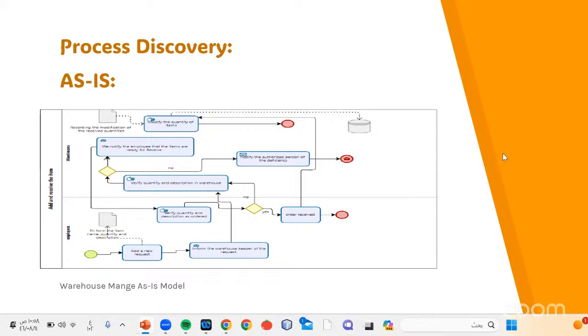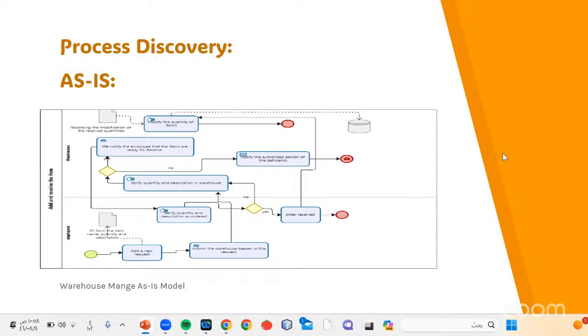If the quantity and description match the request, the employee is informed that the item is ready for collecting. Upon receiving the item, the employee checks it again manually to ensure that it matches the request.